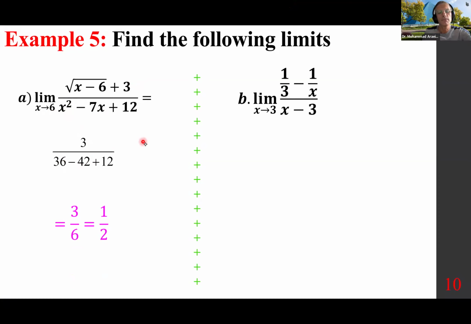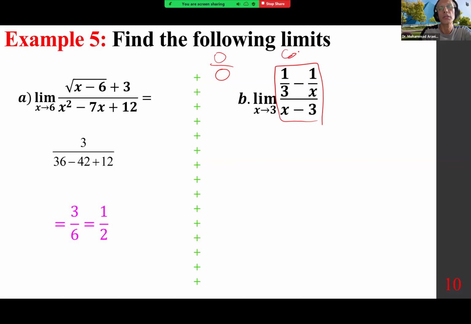What about here? Anybody want to share with us anything? You get 1/9. Excellent. What is the name of this? First of all, if you plug in, you get 0/0. This is called a complex fraction, right, class? So you have an indeterminate form. You multiply the top and the bottom by 3x, which is the LCD.